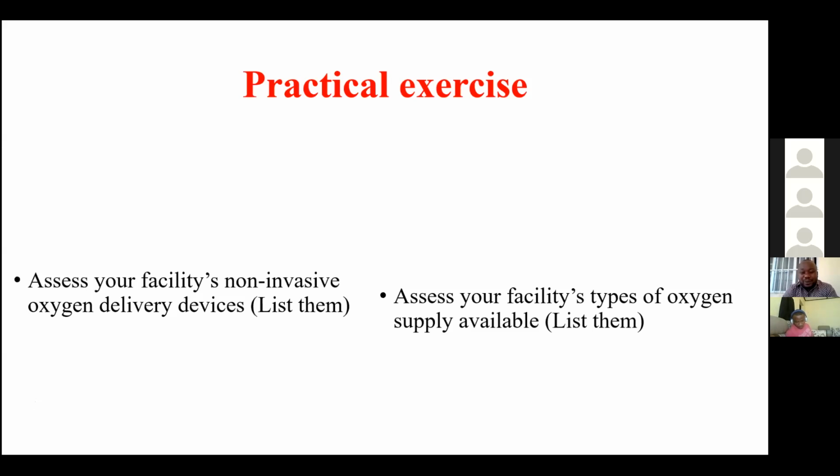Otherwise, your patient will have a poor outcome, as we said, given how bad the hypoxemia is. So this is from the general topic. I was just taking over because our colleague, Dr. Joseph, lost connectivity. It's back to you, please.